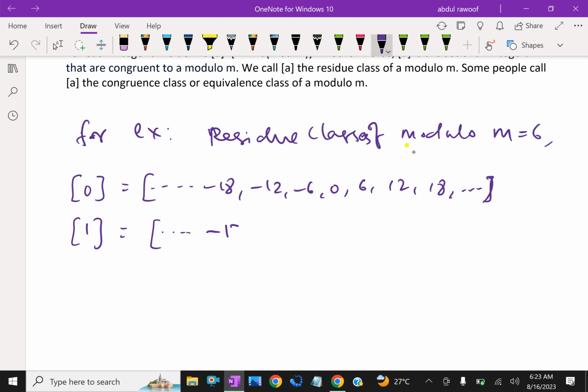Like all classes, you can write residue class of 3, residue class of 4, residue class of 5. Up to 5 you can write because it is modulo 6 here.